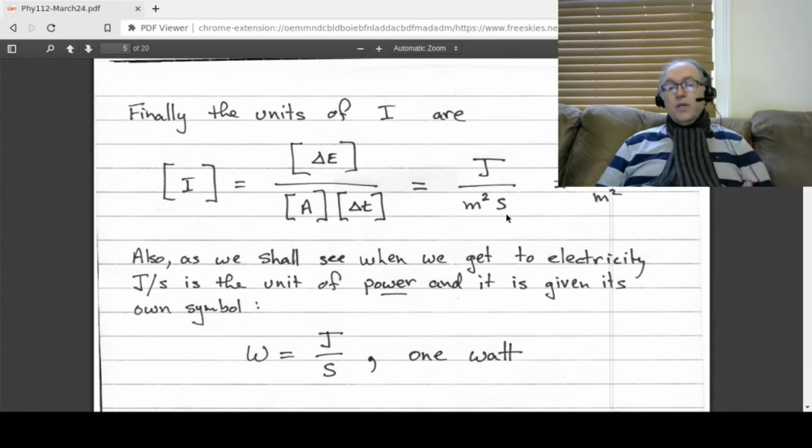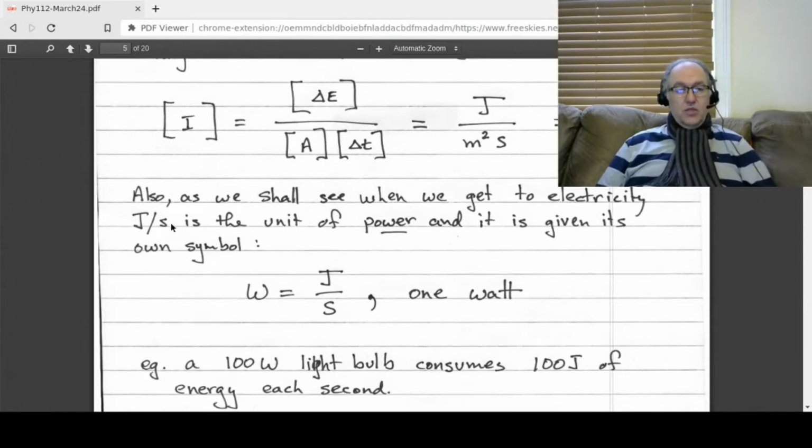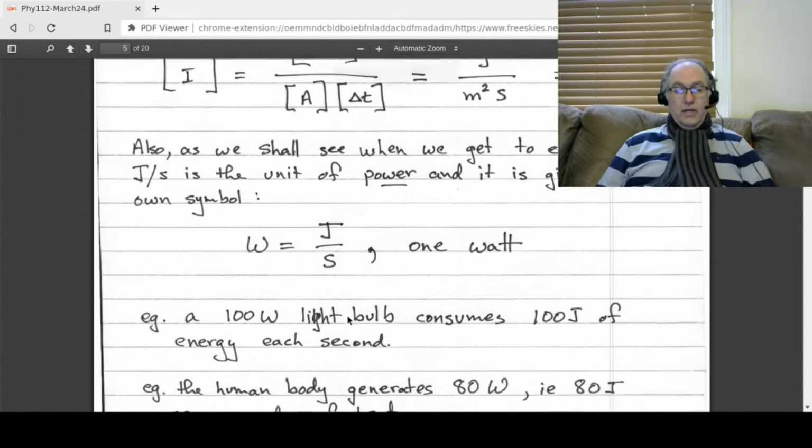But there's another unit I want to introduce now because we're going to see it later in the course anyhow, and it's the unit for power. A joule per second is given the symbol W, and it's called a watt. When we get to electricity, we'll see that a joule per second is a unit of power. So a watt is equal to 1 joule per second.